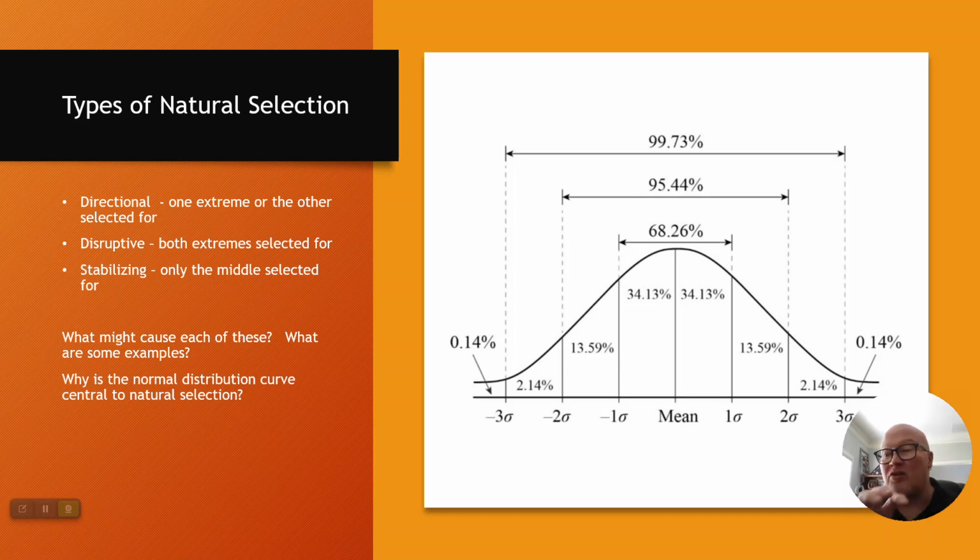We're going to have far less out on the far extremes. There still will be far extremes, but most of our data will be straight up and down in the middle of this curve. And so this will be a tall, skinny curve if we did that. That's called stabilizing selection. So let's take a look at what might cause each of these and what are some examples.